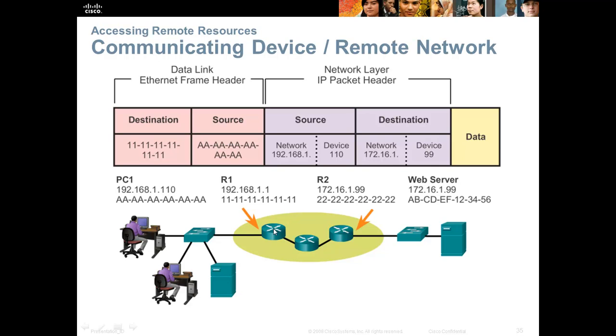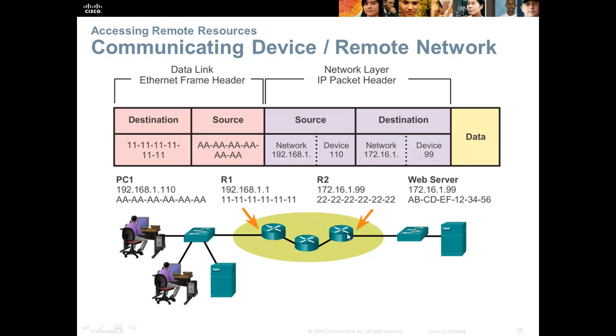Now the default gateway would send it from router 1 to router 2. What we would put inside of the frame now is the source. It would be coming from all ones, and then it would be going to R2. It would be going to the destination of all twos. So those would change, the IP addresses would not.